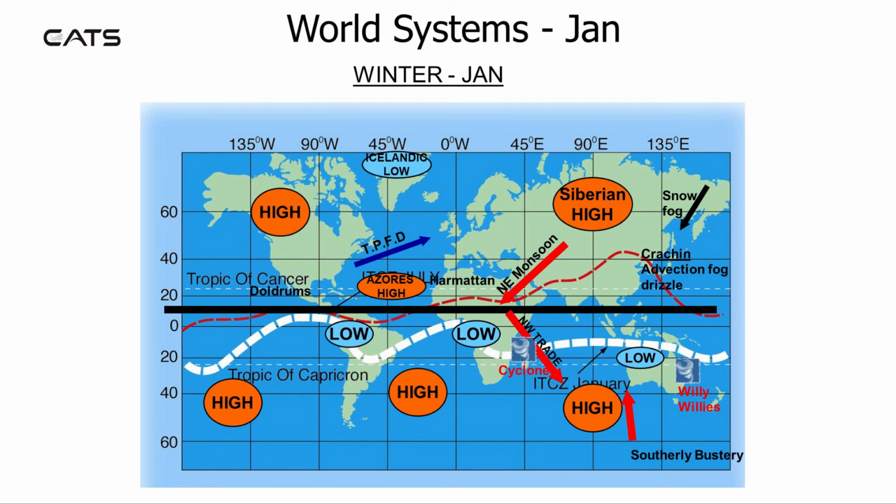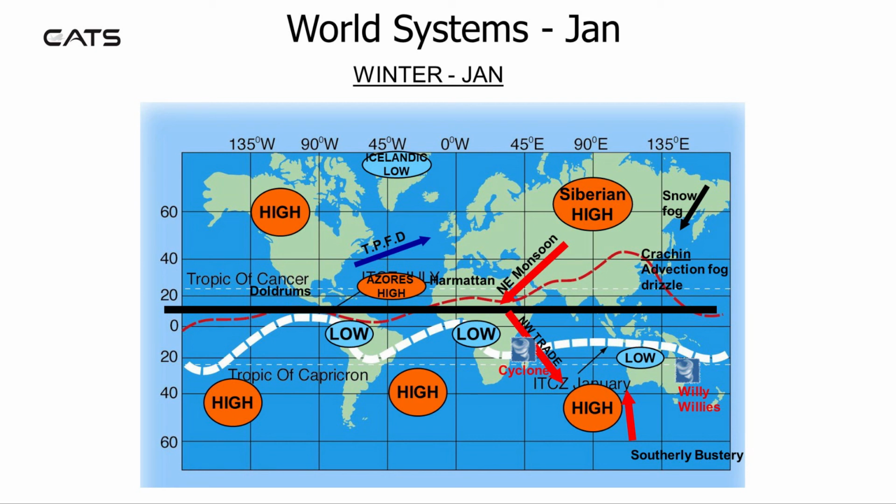World weather systems for January. This will be winter in the northern hemisphere. The Icelandic low is a semi-permanent weather feature. There'll be high pressure over North America and Russia. Travelling polar front depressions will be further south, from Florida to the southwest of the UK.